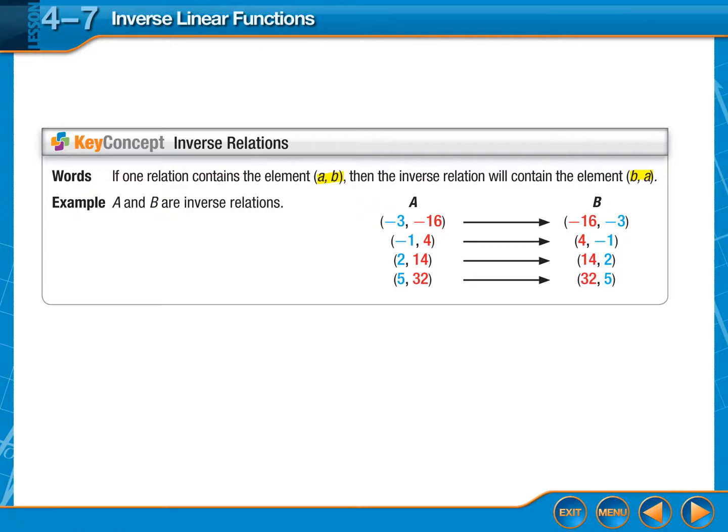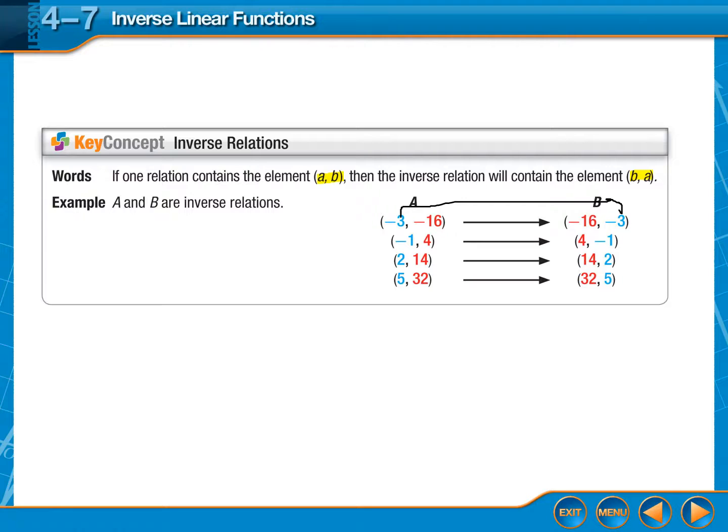To create the inverse, all I'm going to do is switch the locations of x and y. So in this first point, x is -3, y is -16. To make the inverse, -16 becomes my x value, and -3 becomes my y value. All I'm doing is switching the locations of each of those points for x and y.